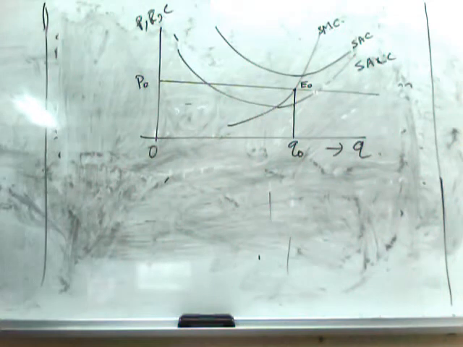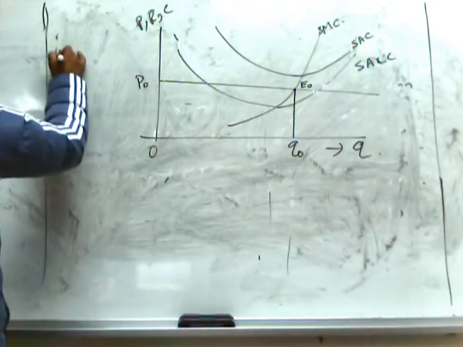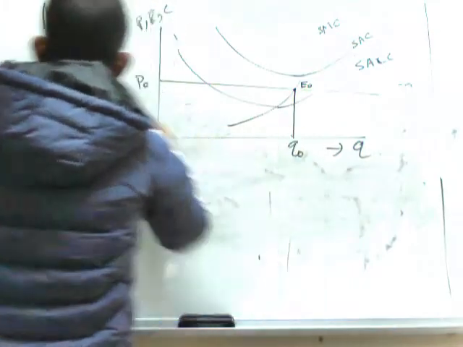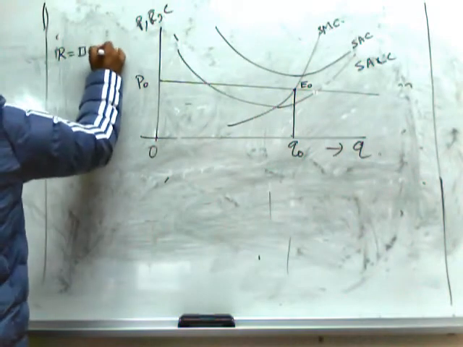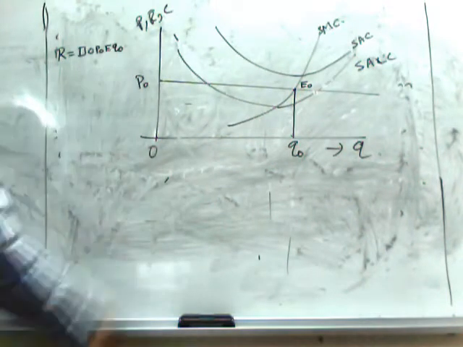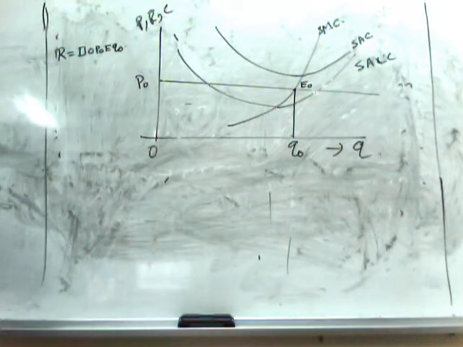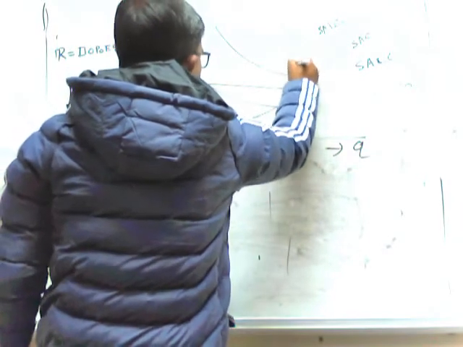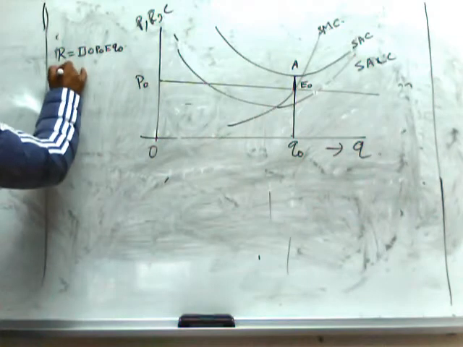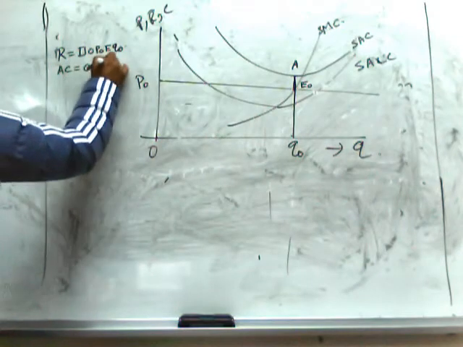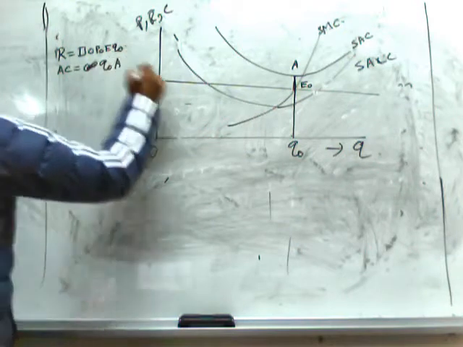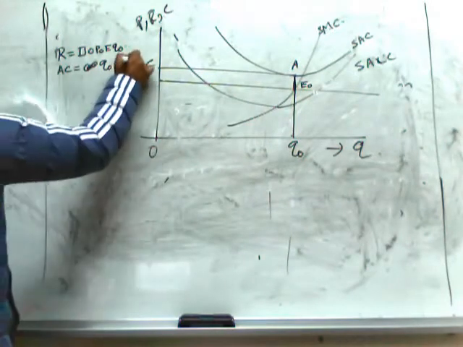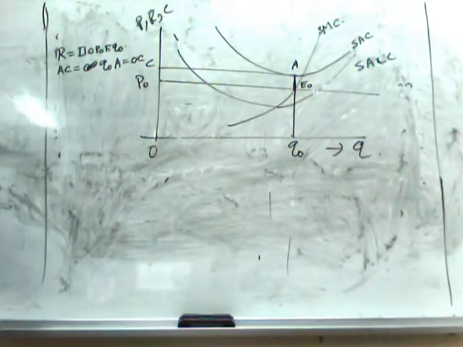So here first we consider the revenue. Revenue equals what? Price OP0 multiplied by OQ0, so the area of the rectangle OP0EQ0. Now the cost. Let us consider that the average cost of production is Q0A, which equals OC.